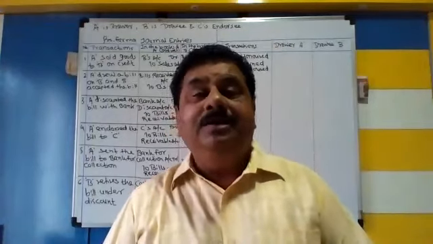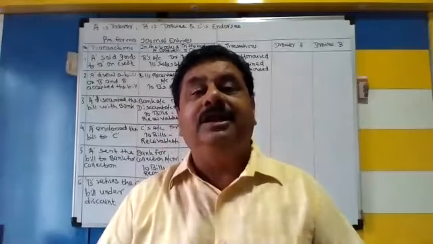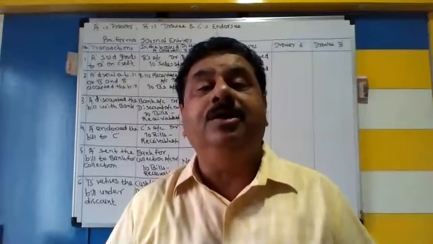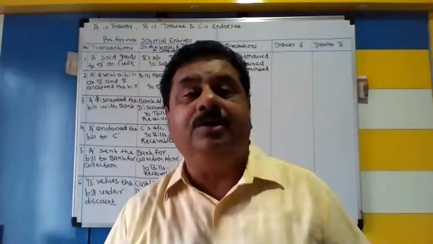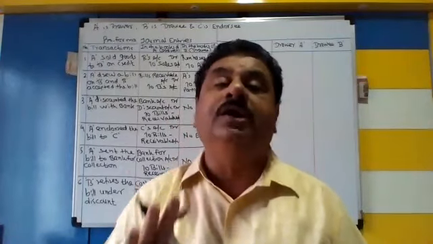Then what will happen? Honor means what? That is the payment of the bill on the due date. So when drawee makes the payment of the bill on the due date, the bill is said to be honored.